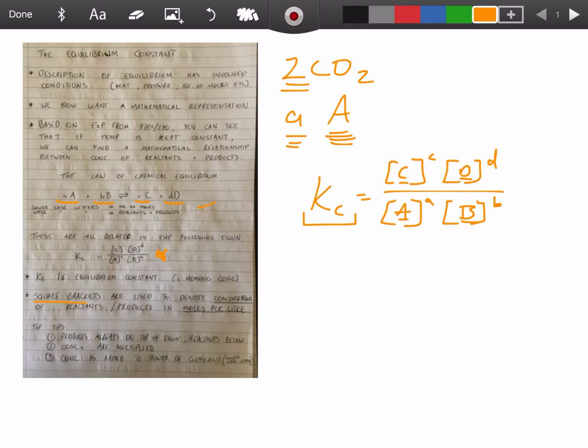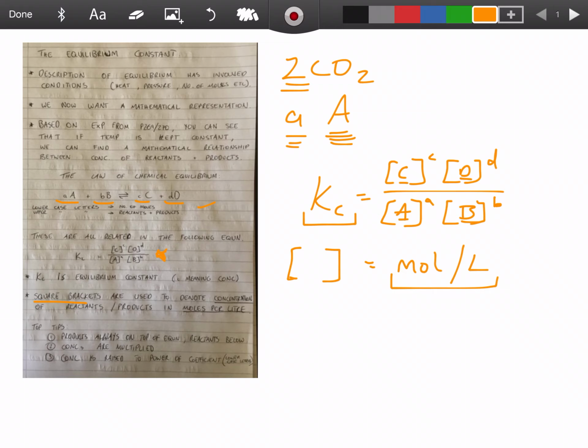The square brackets are used to denote concentration. So when I use the square brackets, and we're going to use this in the next topic when we have to look at pH as well, you're looking at concentration of reactants, and we're talking about it in terms of moles per liter. Okay, so that's the unit that we use. So if we're not given that unit, we have to do conversions first, but you guys are well used to doing those using your molecular mass and so on.